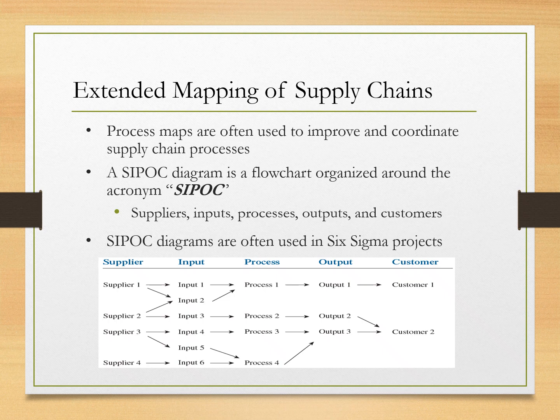With tools like SIPOC, we can improve complex multi-organization systems. And SIPOC diagrams are especially popular in Six Sigma projects because they can help teams to understand the bigger picture before diving into detailed improvements.